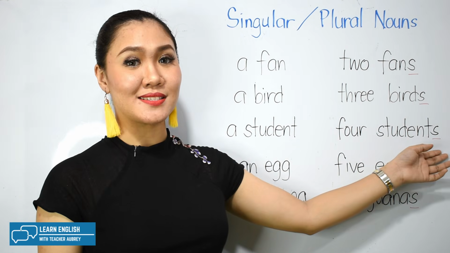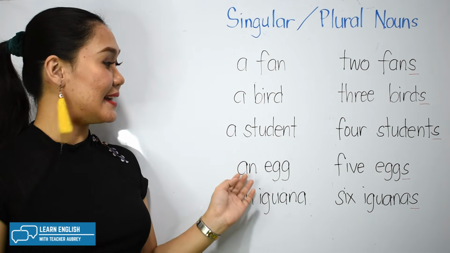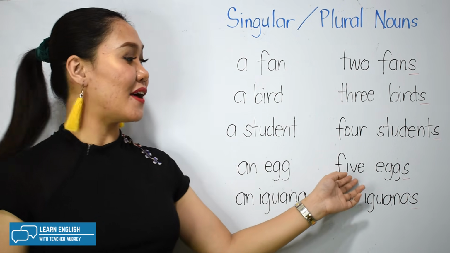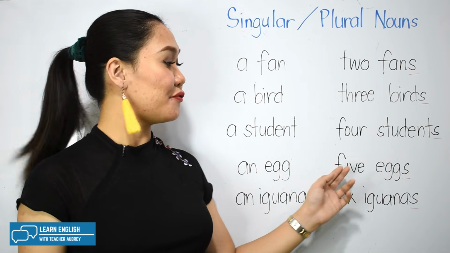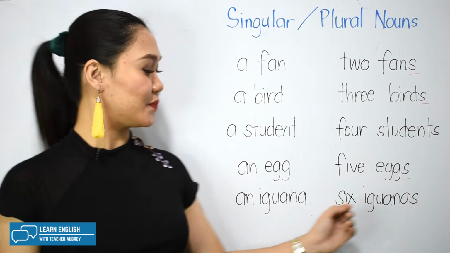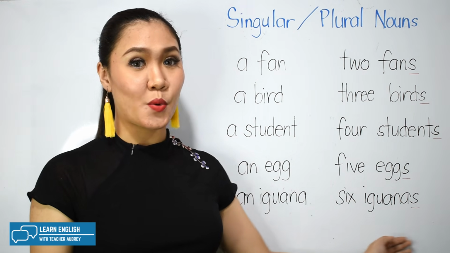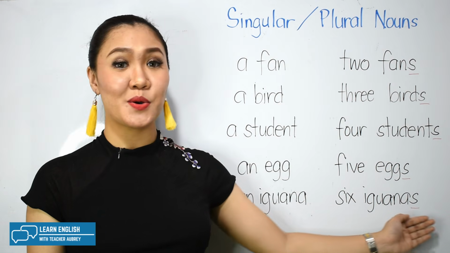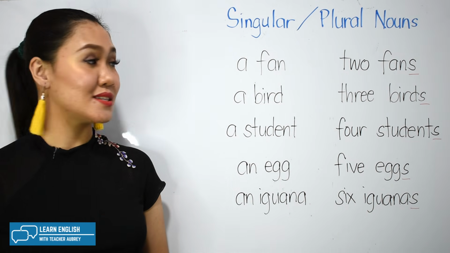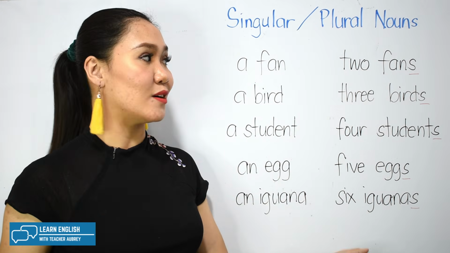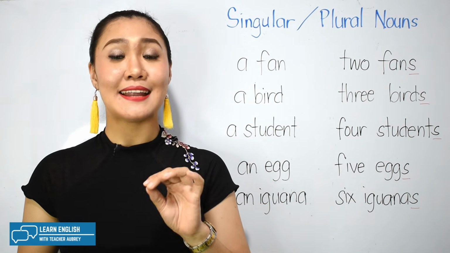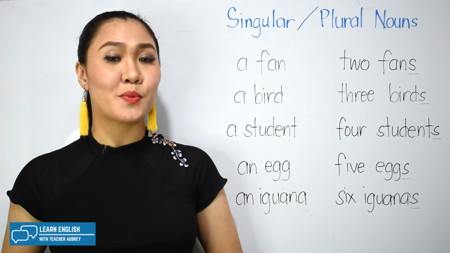An egg becomes five eggs. An iguana becomes six iguanas. As you could notice, in all these plural nouns, we just add an S at the last part of them.